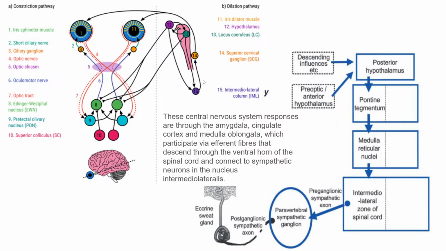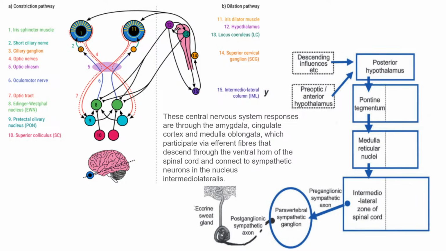If shown separately, yeah. So, a generalized graph for the eccrine sweat gland: we have the posterior hypothalamus. It goes through the pons, through the reticular nuclei, and here it goes to the spinal cord in the intermediate lateral zone, and through the preganglionic sympathetic axon to the paravertebral sympathetic ganglion.